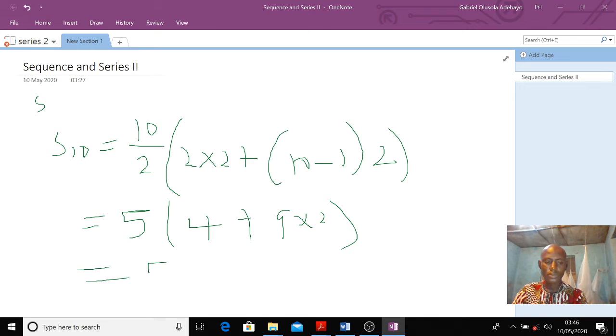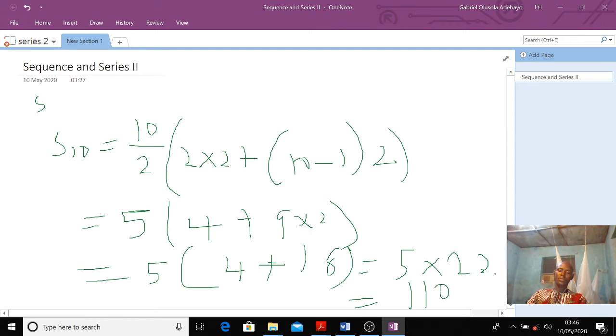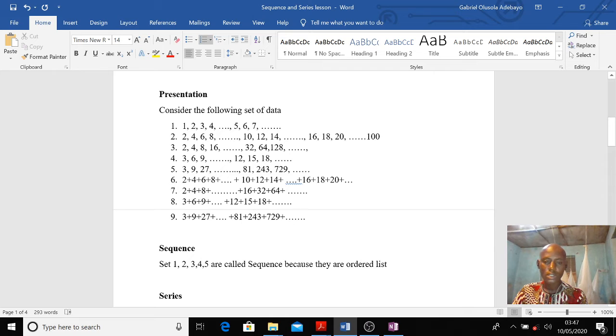So we have 5 bracket 4 plus 18. So we have 5 times 22, which is equal to what? 110. So the sum of this is 110.